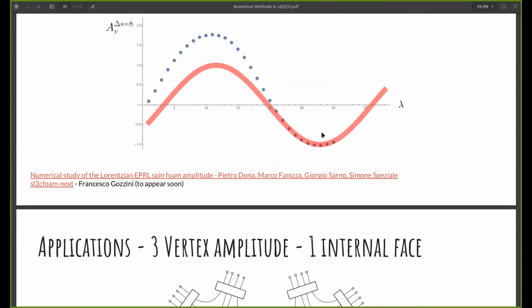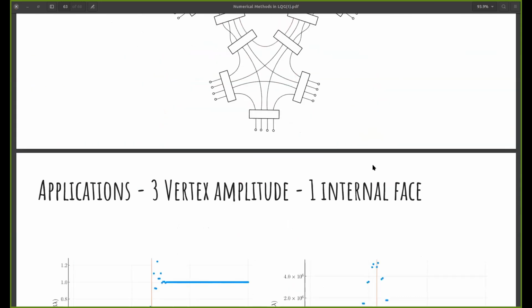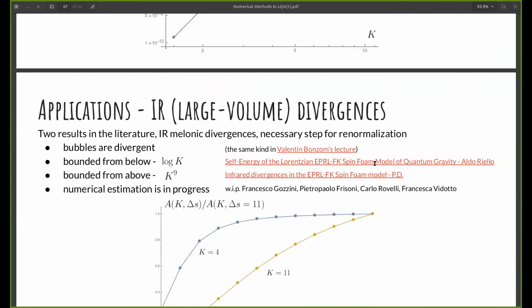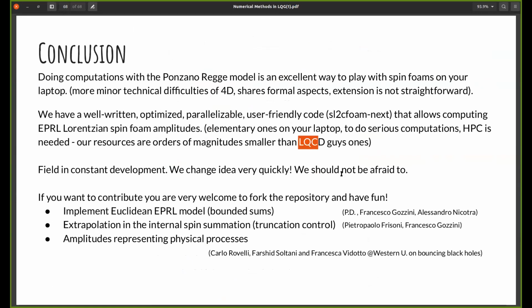No, sorry, more. It's 10 to the 6 CPU hours with 1,500 cores. And that's the maximum amount we have. However, people doing lattice QCD have machines about 6 orders of magnitude bigger than ours. So we are not limited by the technology, we are limited by the technology our money can buy.